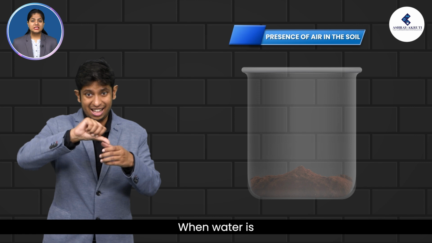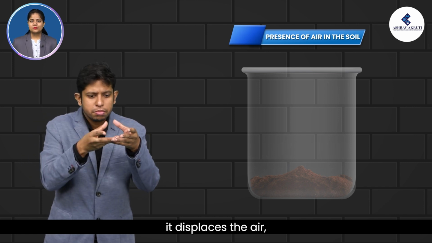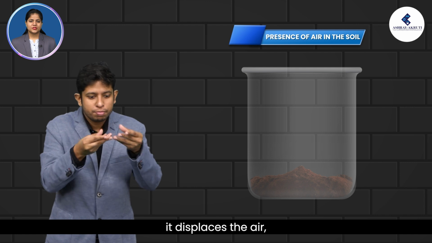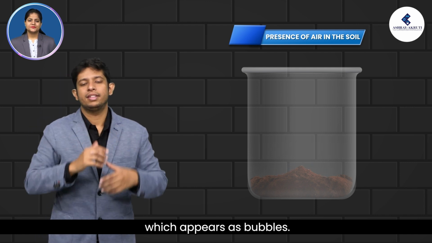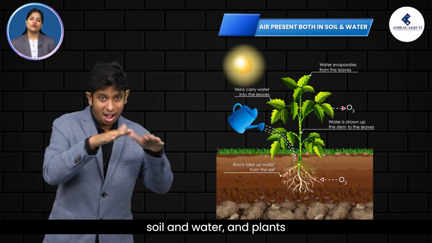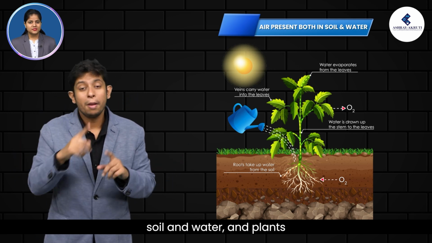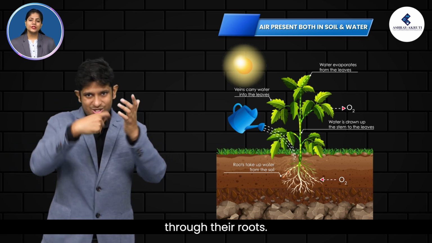When water is added to the soil, it displaces the air, which appears as bubbles. Air is present in both soil and water, and plants respire by taking in this air through their roots.